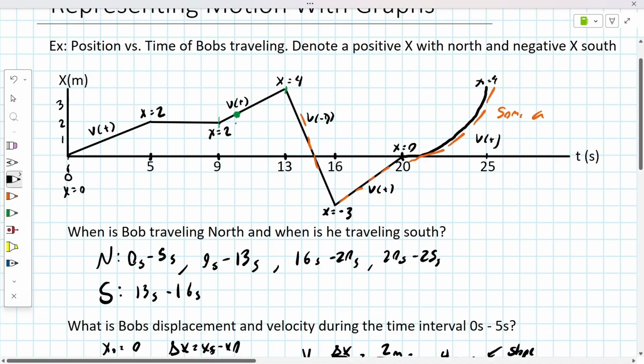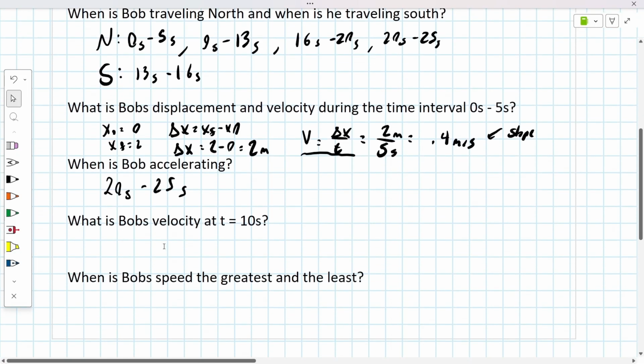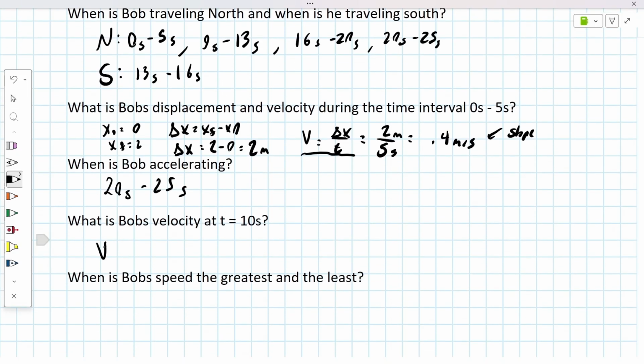So we know that the x is 4 from 2, and the time is from 9 to 13. So if we go down and solve for that average velocity, we know that the velocity will equal the change in x over the change in time. It goes from x final 4 minus 2, and 13 seconds as the t final and 9 seconds.